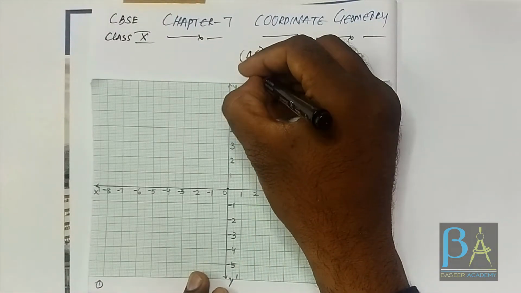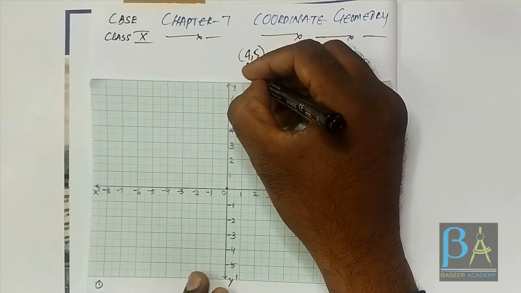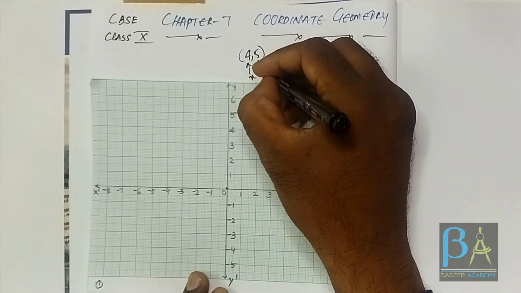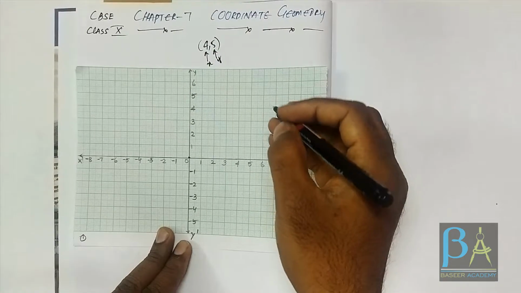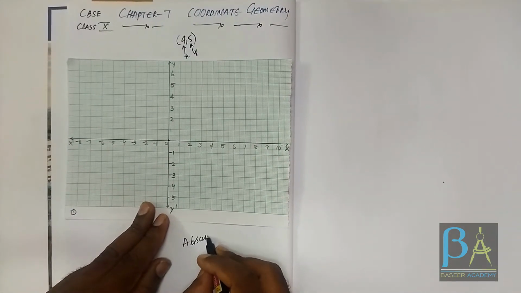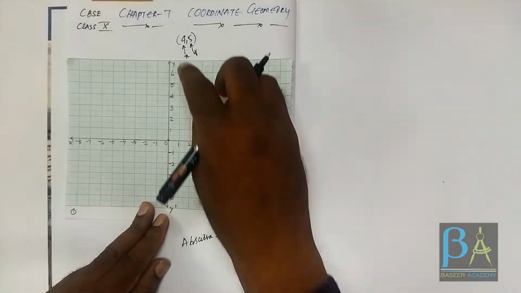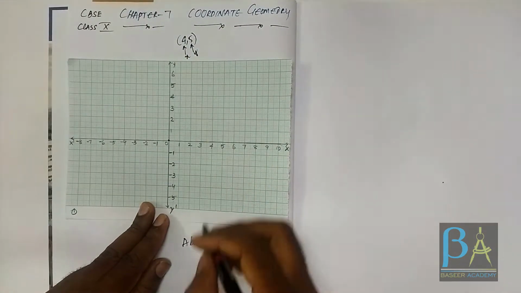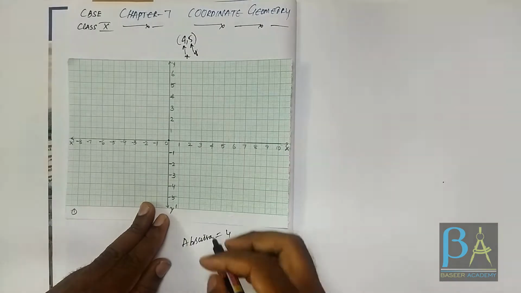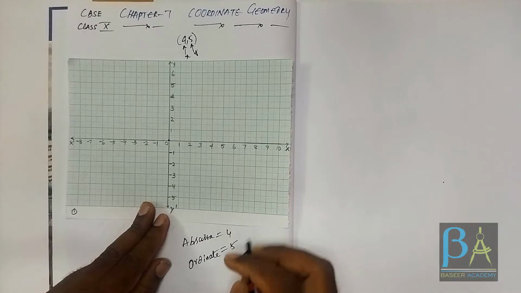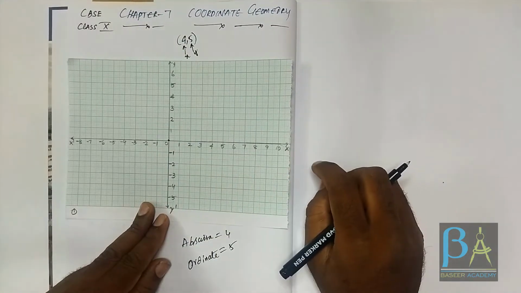The first coordinate that you see here is your x coordinate, and the second coordinate is your y coordinate. The x coordinate is known as abscissa, so here abscissa is 4. And the y coordinate 5 is known as ordinate.